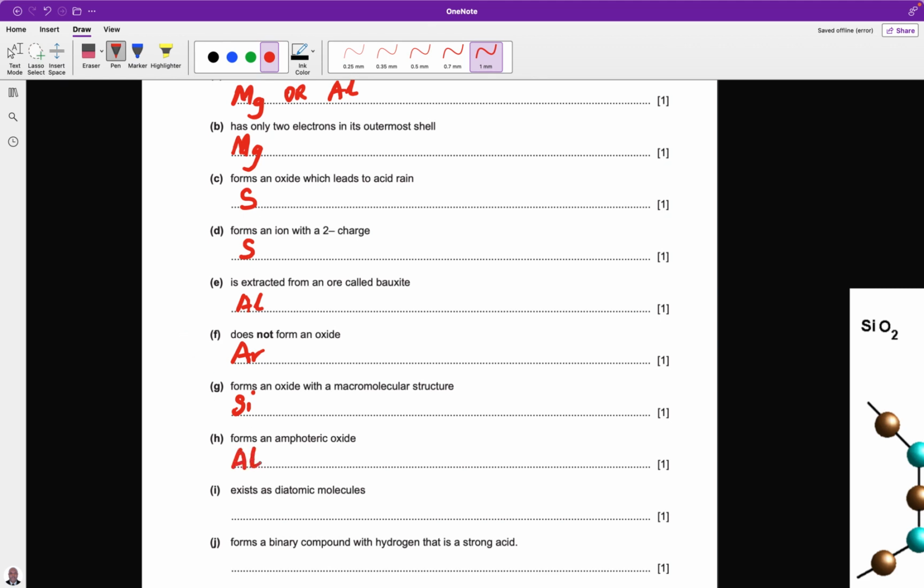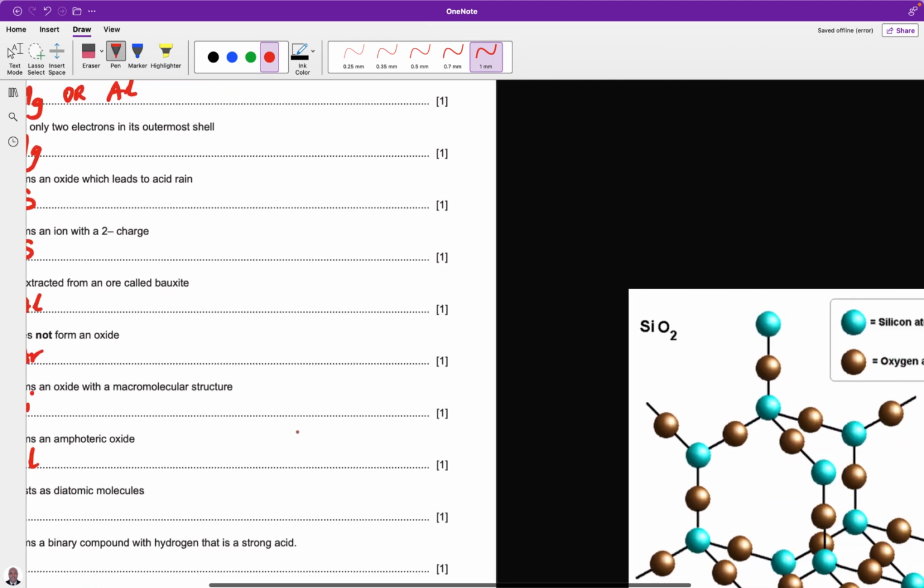Now, write the symbol of an element that exists as a diatomic molecule. As we were discussing the periodic table, I told you that only halogens are diatomic.